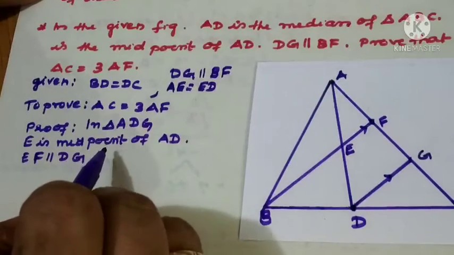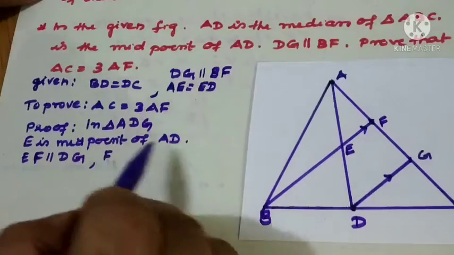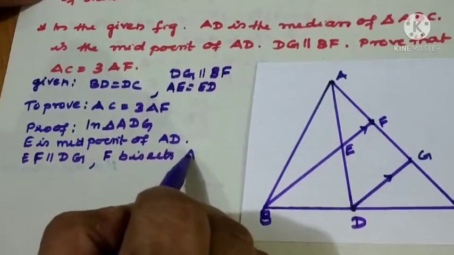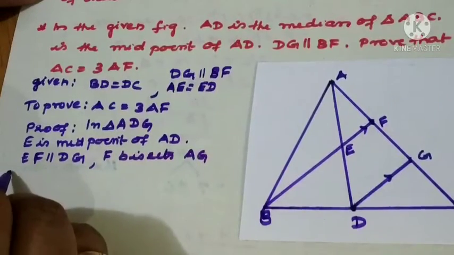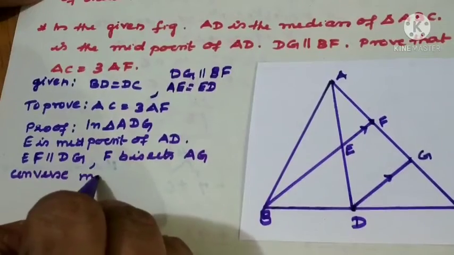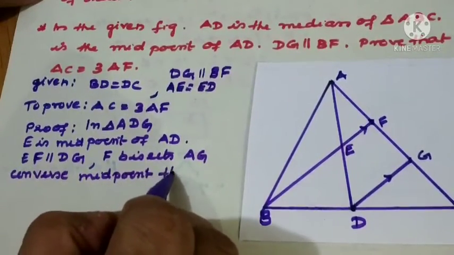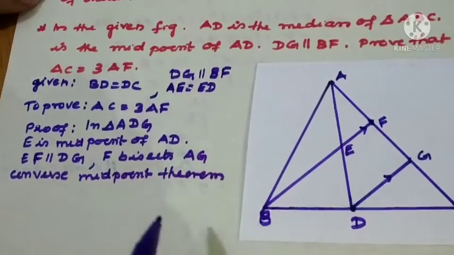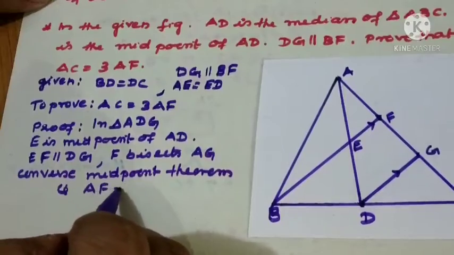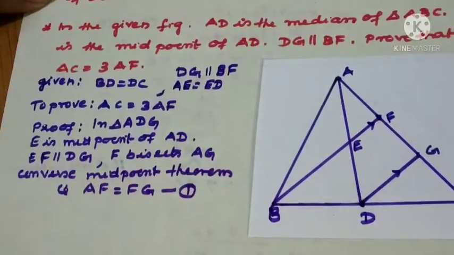Therefore, F bisects AG. Reason: converse of the midpoint theorem. That is AF equal to FG, equation number 1.